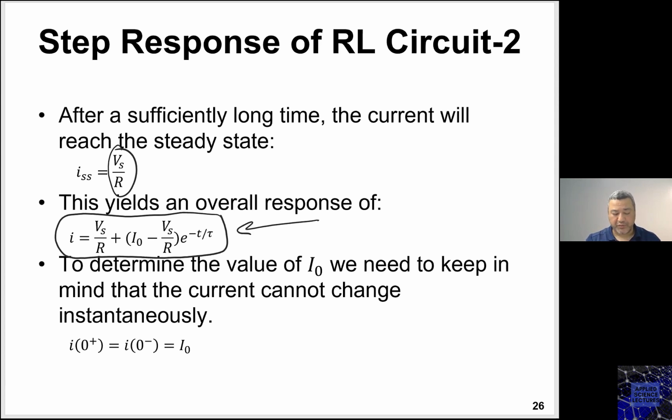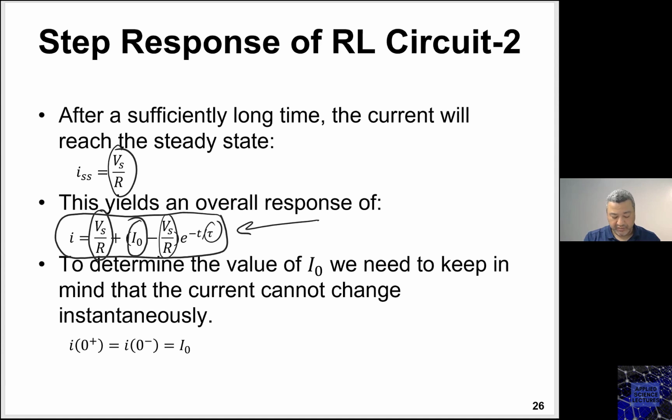So what I need to find for the inductor is the steady state current from the second circuit, the initial current, again this is the same, and the tau from the second circuit, right?